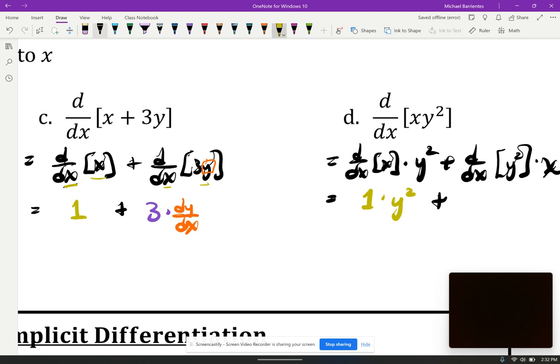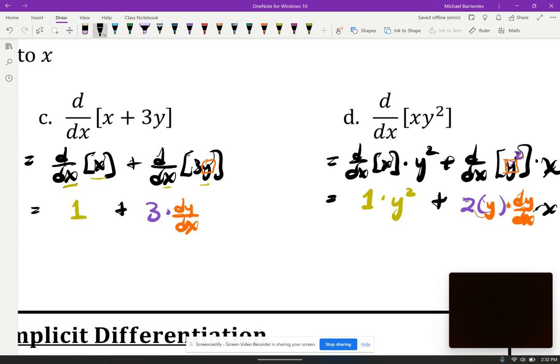But over here, the derivative of y squared, I have to treat this as an inside function. And that would mean this is my outside function. So my derivative would be 2y. The derivative of y squared is 2 times y times the derivative of the inside, which is dy dx, times the x that was part of the original formula.